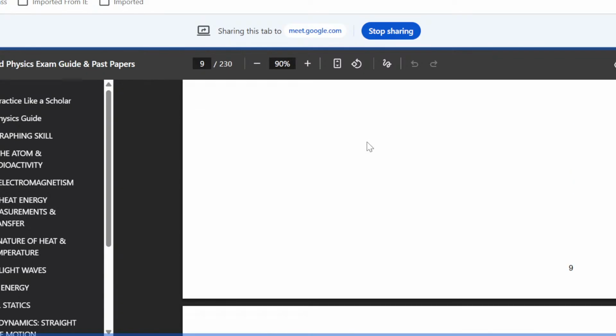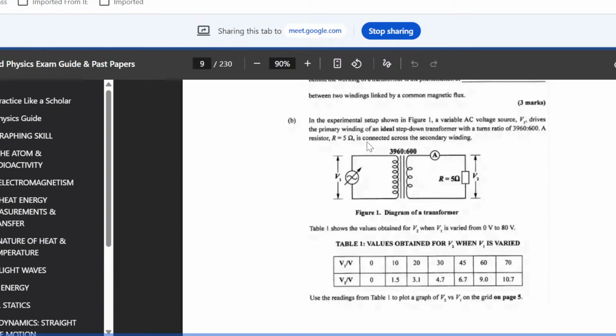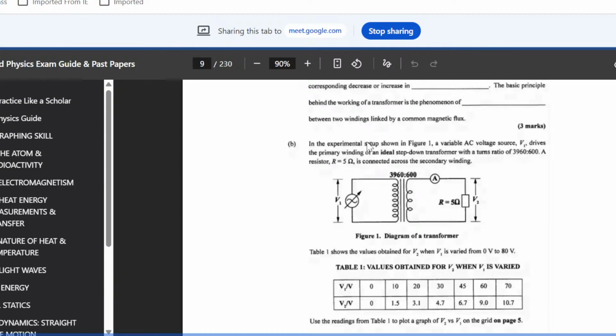What would be another term for V2 in this case? The final voltage. Or, in the language of transformers, since we're talking about transformers, secondary voltage. Yes, so that's the secondary voltage versus the primary.